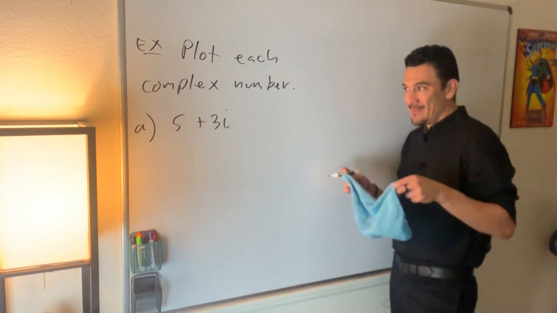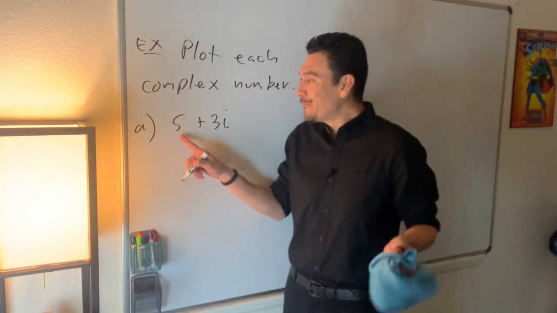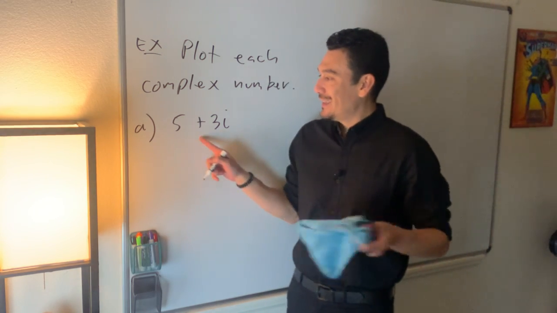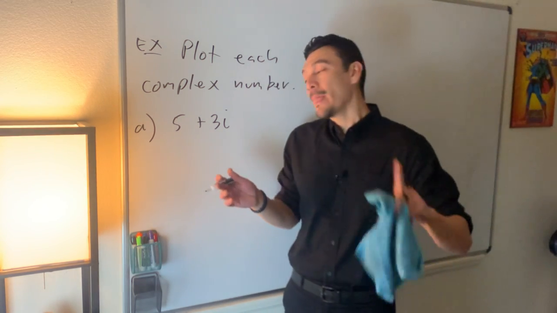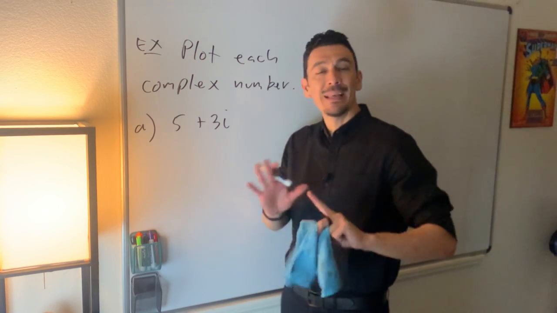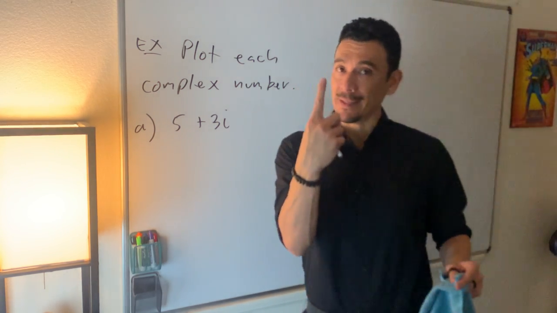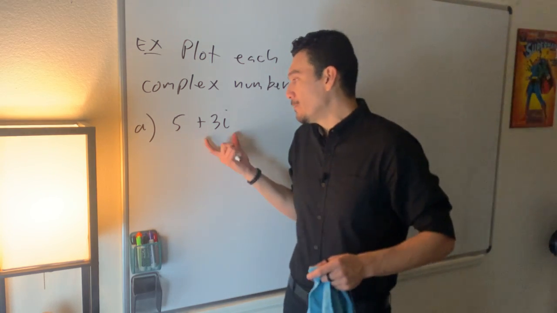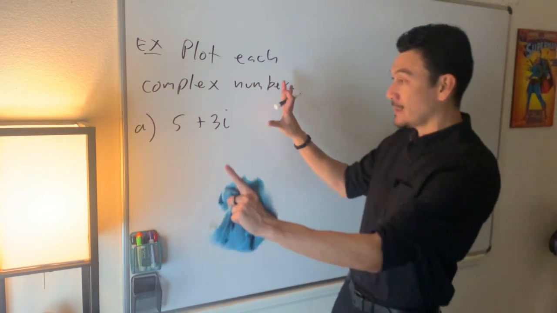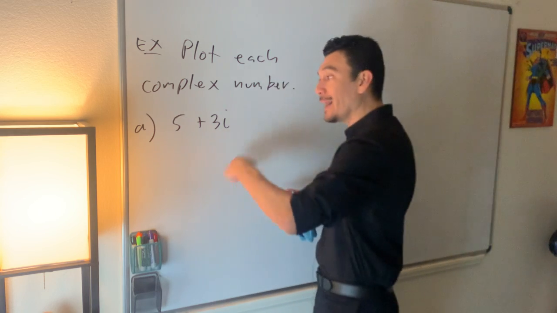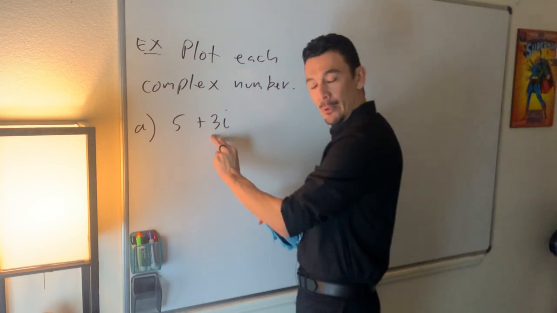I know it's tempting to say, hey, 5 plus 3i, isn't that just like 8i? But that's not how this works. We don't play the game that way. These cannot be meshed together into one thingy because this is real and this is not. So it stays apart like that. It's one number with two components.